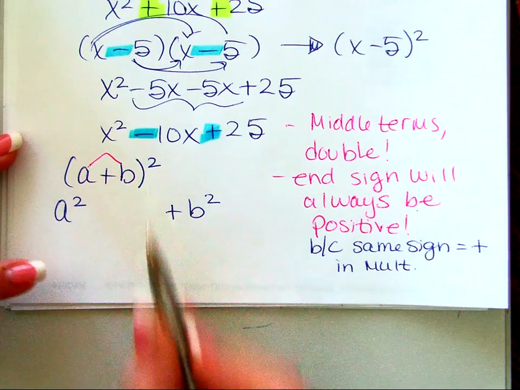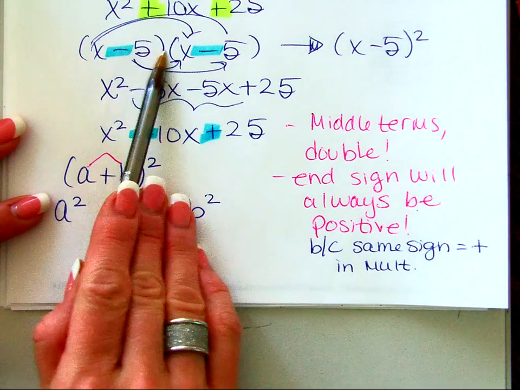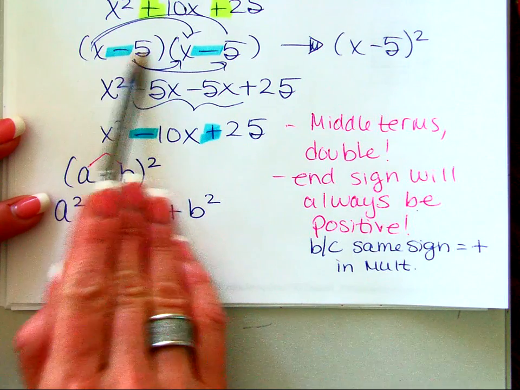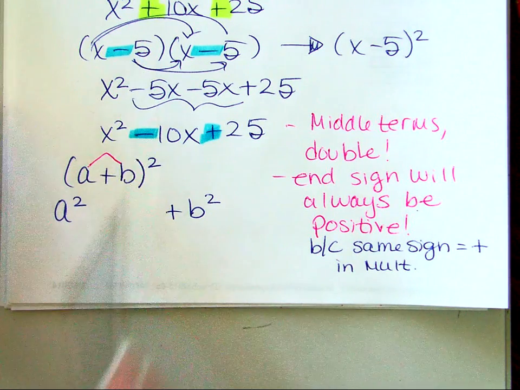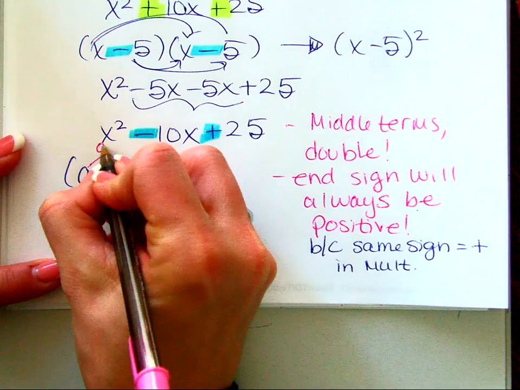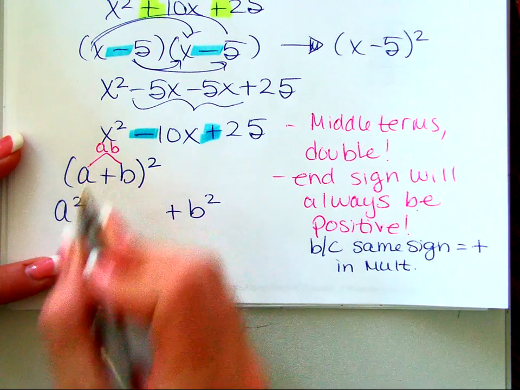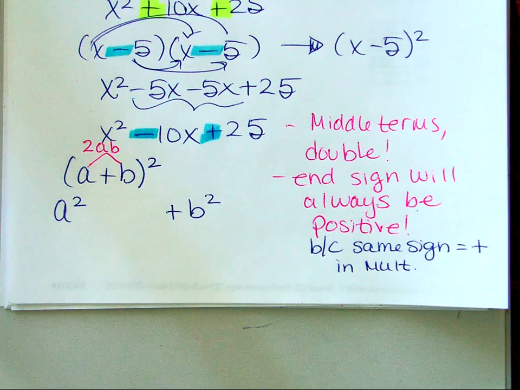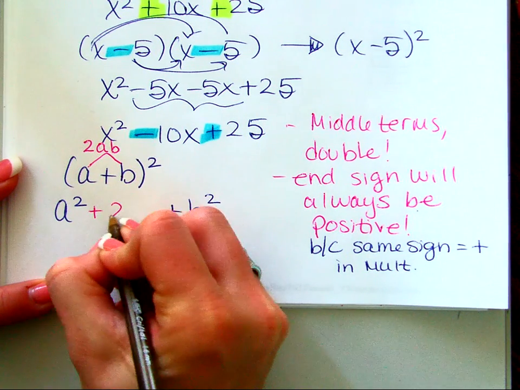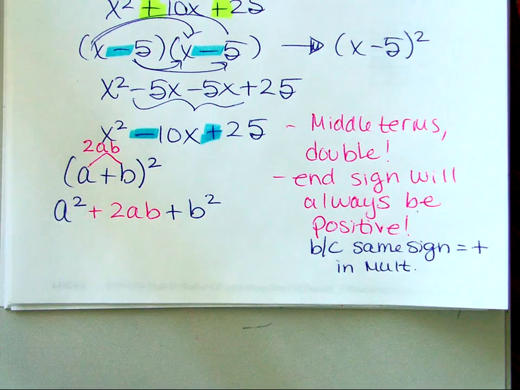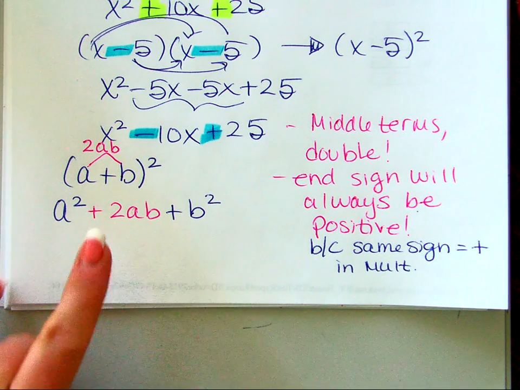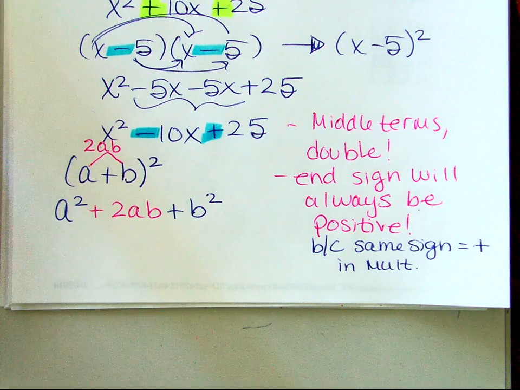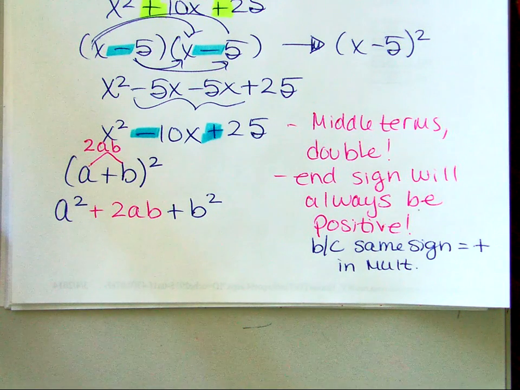The difference is I end up basically multiplying the x times the 5 together to get 5x, or negative 5x, and then doubling it. So here's what you're going to do. You're going to multiply the 2 in your parentheses together and then double it. So if you look for the formula in any algebra book, for this special case, I'm going to give you them in a minute, it's going to have something like that written out.